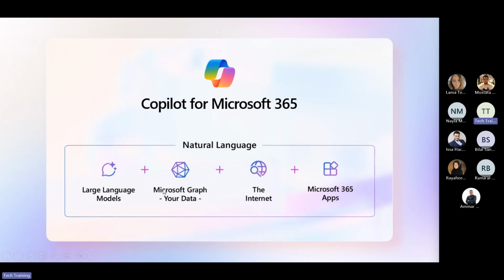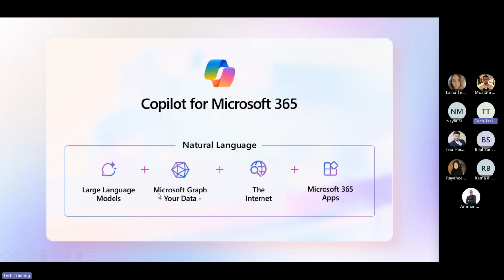This is a very important thing that is added to the environment, which means that this slide is talking about where Copilot is getting its information, or where it is acting as a co-pilot for Microsoft 365. It is acting on and responding from the large language models, which is the same as the ChatGPT. In addition to that, it will be acting from the Microsoft Graph.